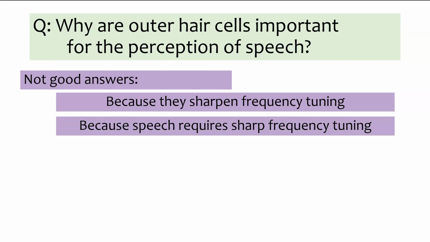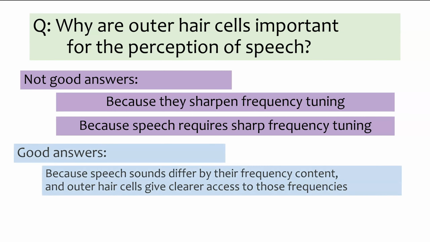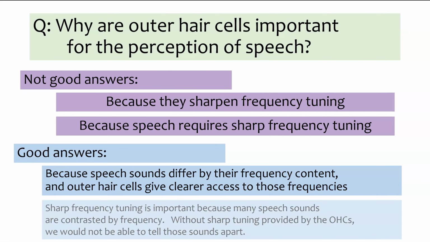Similarly, if you write, because speech requires sharpened frequency tuning, that's true, but what does that have to do with outer hair cells? What I want you to do is pull these two pieces of information together. For example, because speech sounds differ by their frequency content, and outer hair cells give clear access to those frequencies. That's why it's important. You're really connecting both of those things.